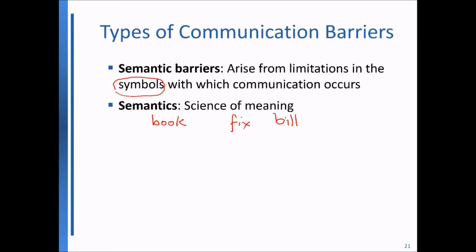Ali asked, how can semantic be a barrier? Like for example, I'm talking about a book. Even common words can be included here in semantics.